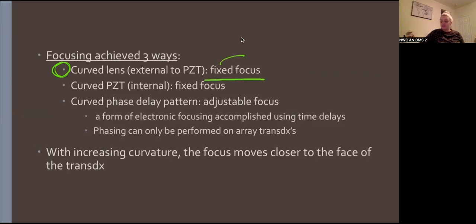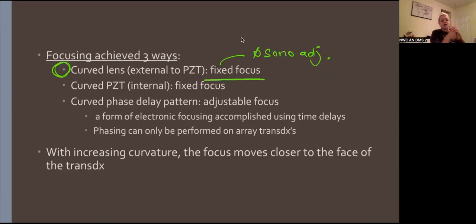What fixed means is that it is not sonographer adjustable. So we don't really have transducers like this. If you think about when you're scanning in the lab, all of us can change our focus, right? We can move our focus closer to the top. We can move our focus to the bottom. That's because we have adjustable focus.